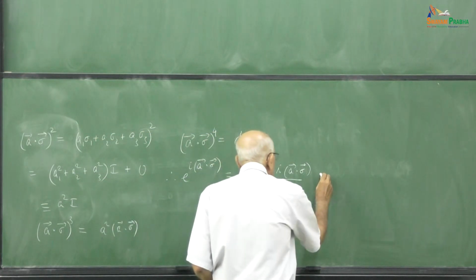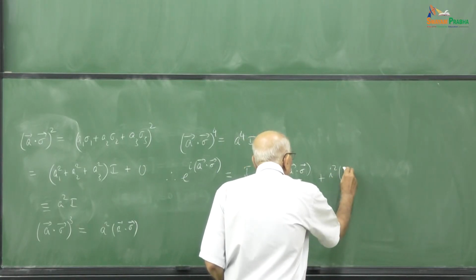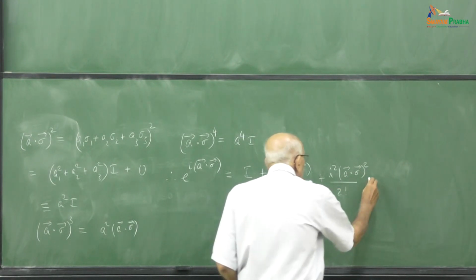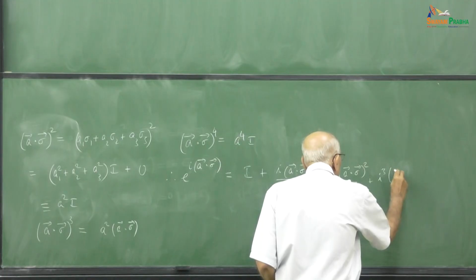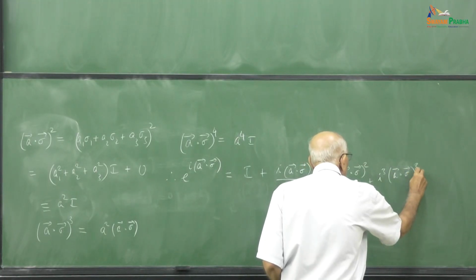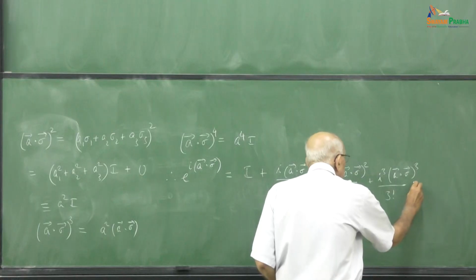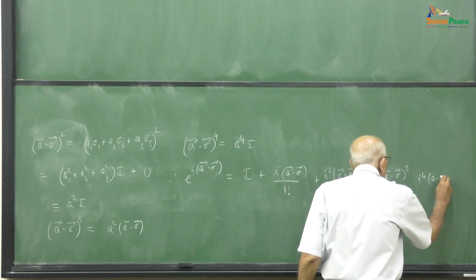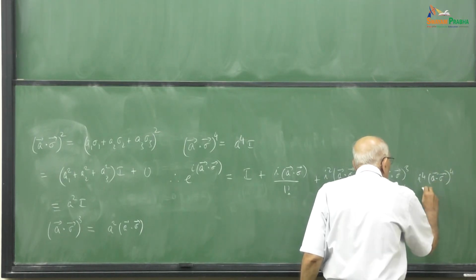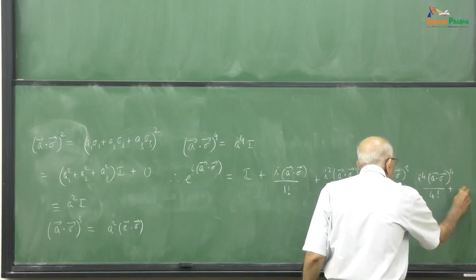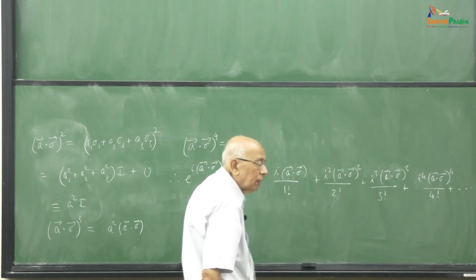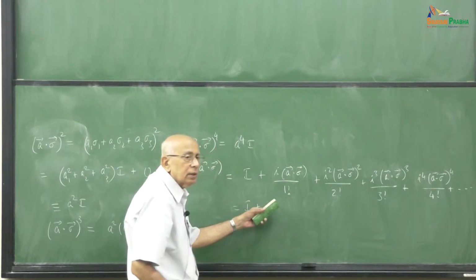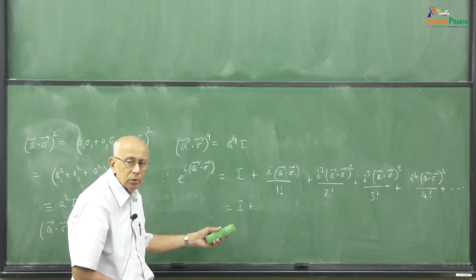You expand in these powers, plus i squared a dot sigma, the whole squared, over 2 factorial, plus i cubed a dot sigma cubed over 3 factorial, plus let's do one more term, i to the 4 a dot sigma to the 4 over 4 factorial, plus dot dot forever. It's an infinite series. And what's the first term equal to? I. Plus, you can't do anything with this term. There's no further simplification. So it's i a dot sigma.